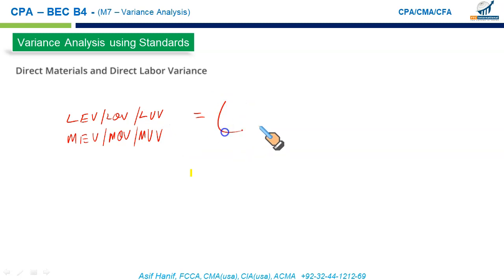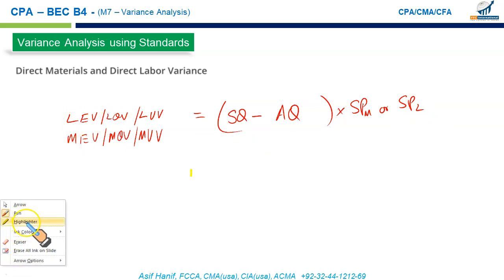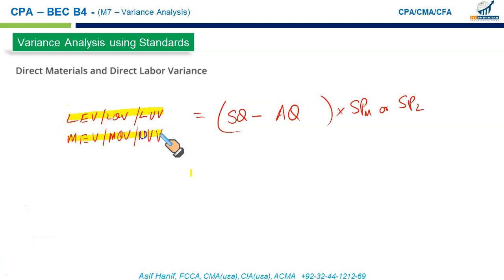You will simply use the single formula for all these. They are all the same. The standard quantity you should have used minus actual quantity you actually used multiplied by the standard price of material, or in case standard price of labor. Just use this in order to calculate the labor related variances on efficiency or the material efficiency variance. You use the single formula.